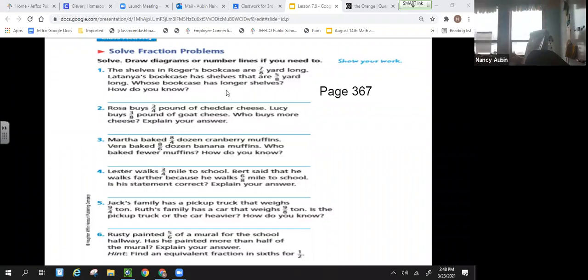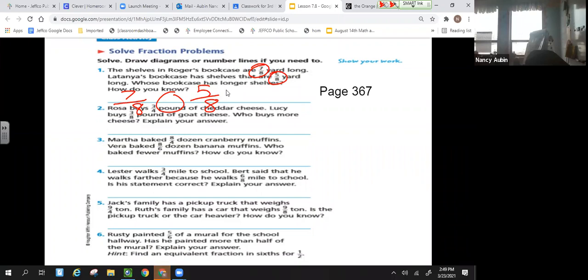Here we go. We have 7/8 and we have 5/8. Look at your number line. Look at 7/8. Look at 5/8. I want you to draw a picture or use your number line to compare those fractions.